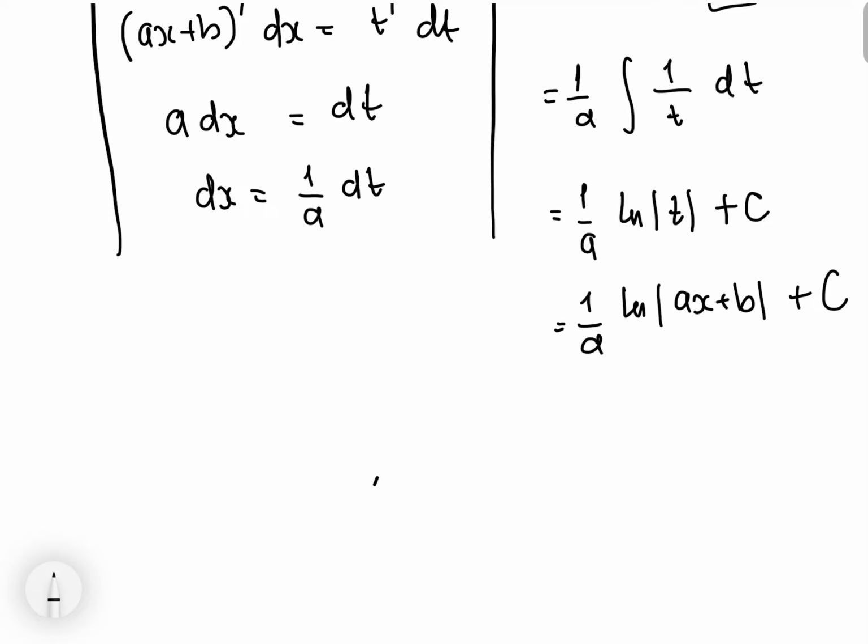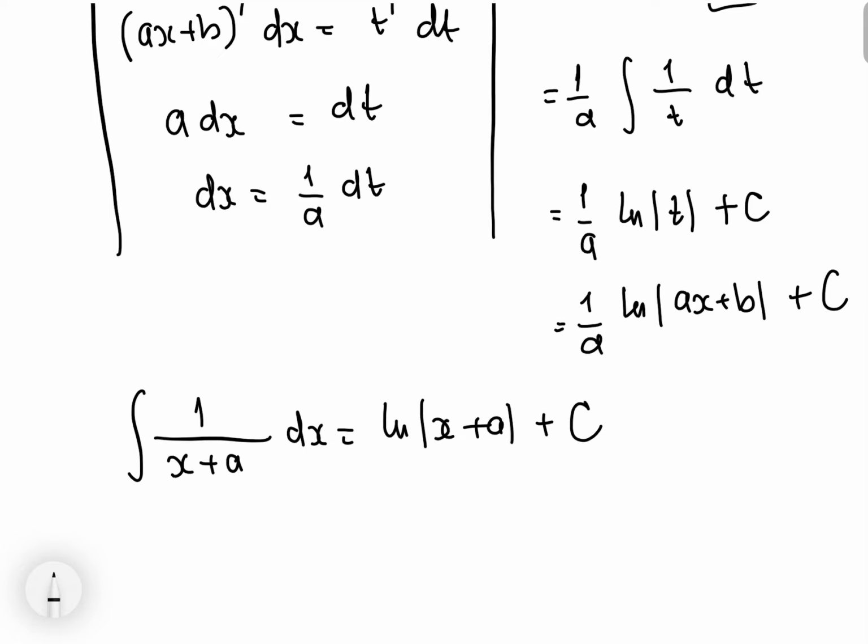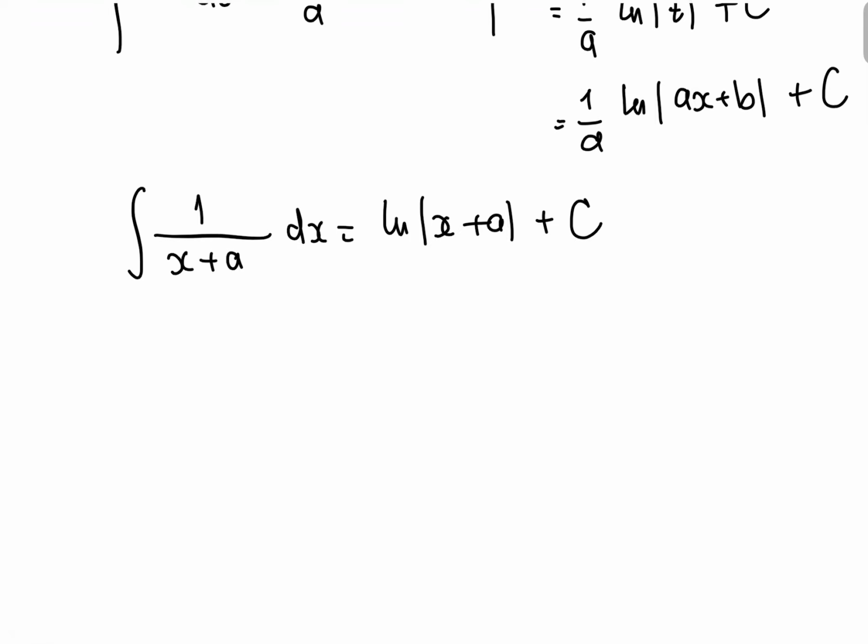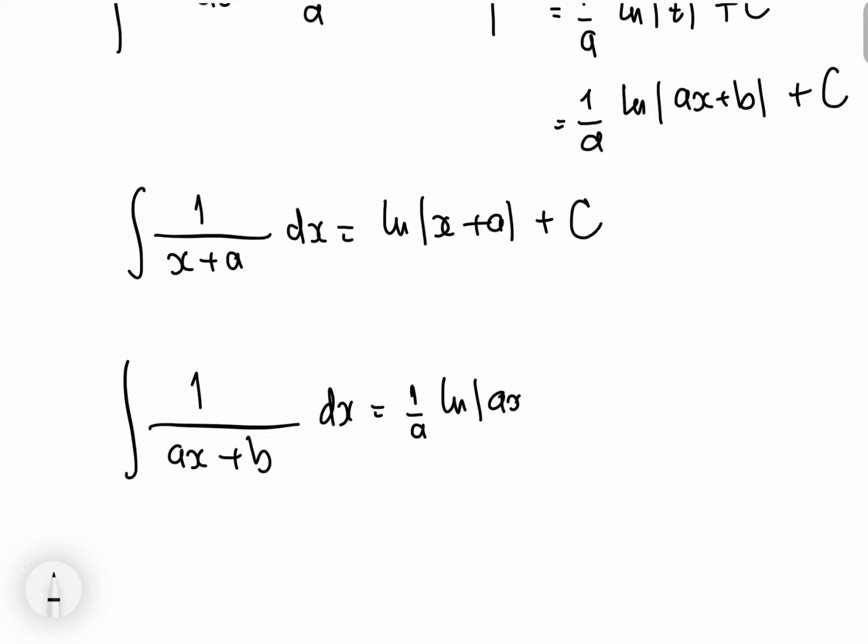I will at the end just write here that the integral is 1 over a ln absolute value of ax plus b plus c, and these two integrals we have solved.